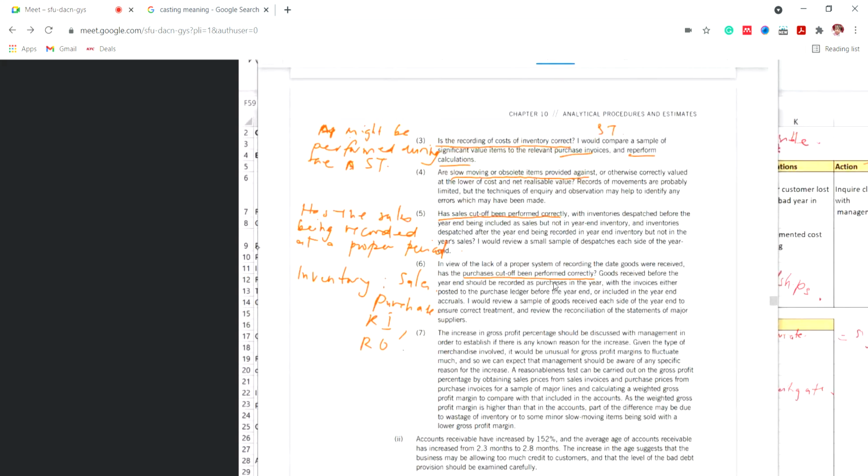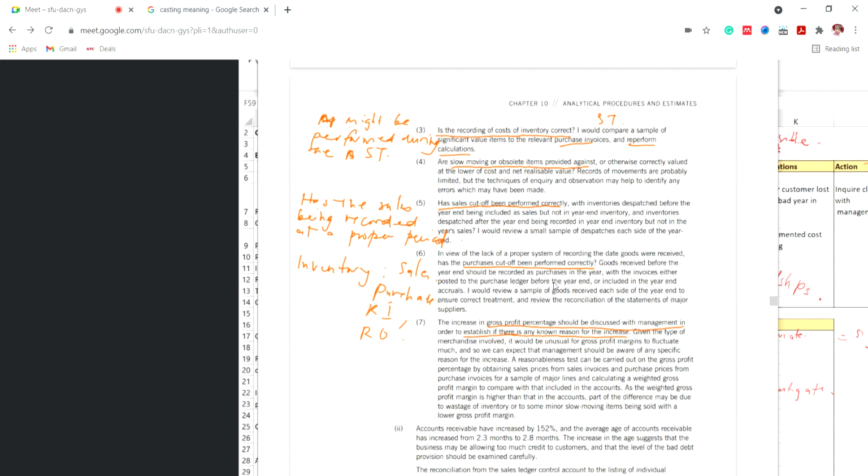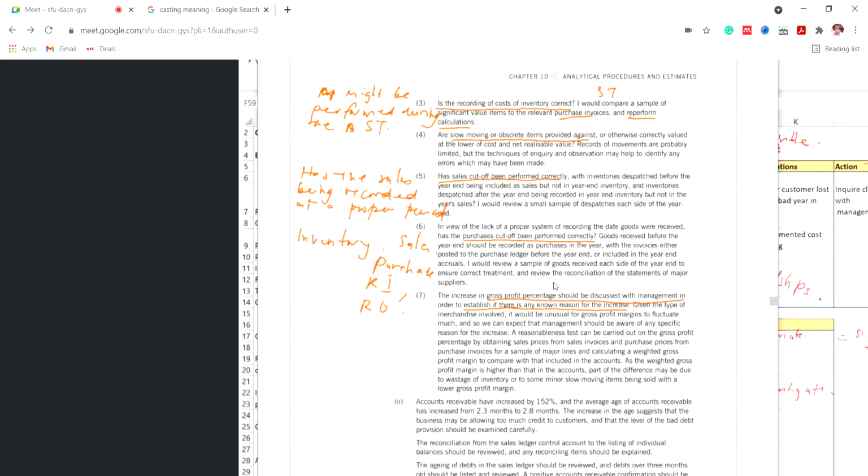The increase in the gross profit percentage should be discussed with the management in order to establish if there is any non-reason for the increase. So discuss with the management. That is how the process of analytical procedures goes on. It is the same for other items, such as account receivable.